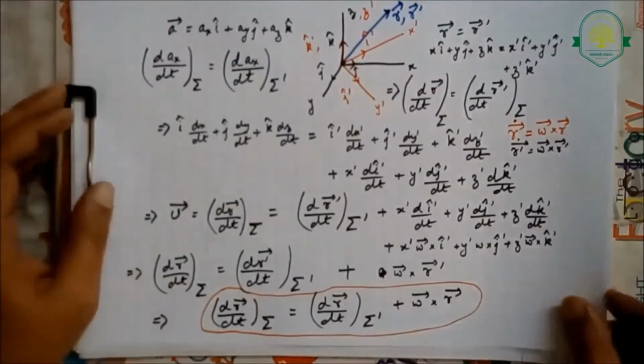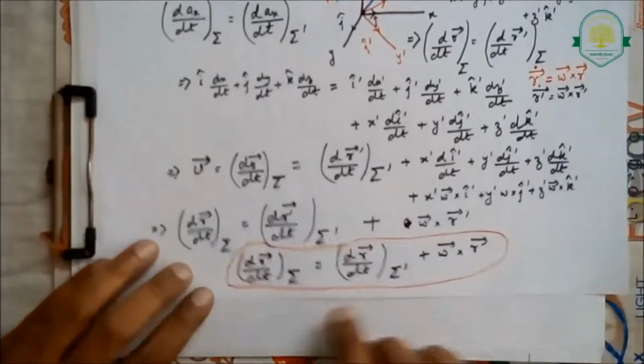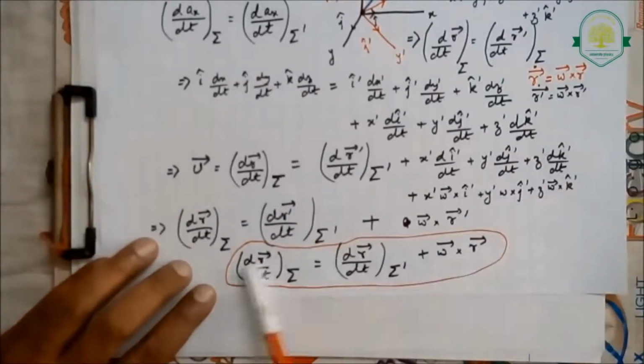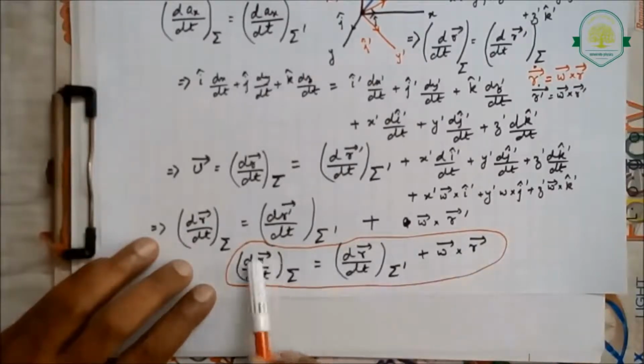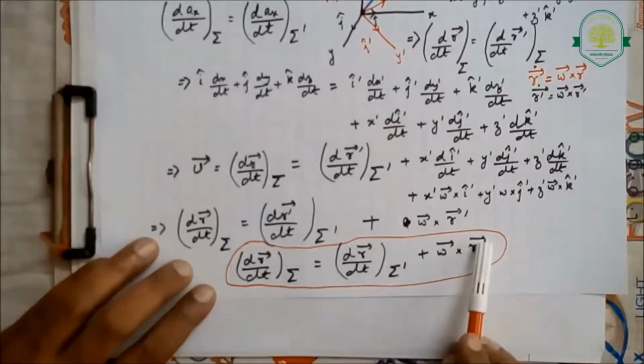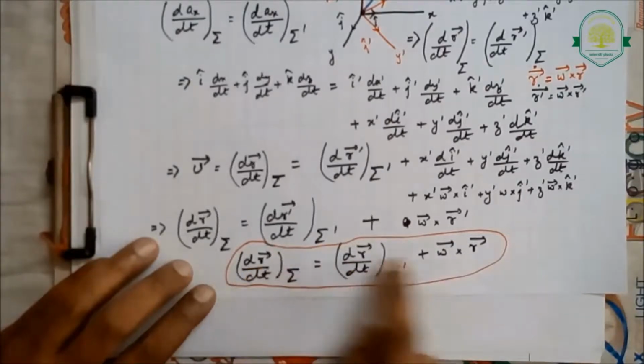Now we can generalize this equation, and we can say that this equation is true for any vector. If you think carefully for a little bit, you will see that this equation has to be true for any vector, because this equation is true for a position vector.